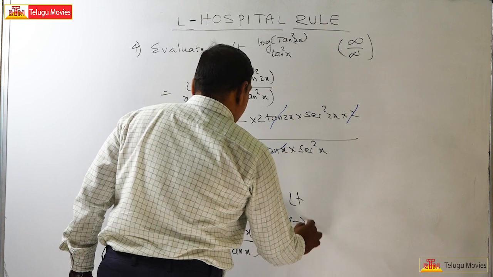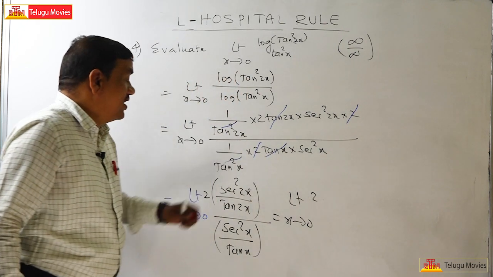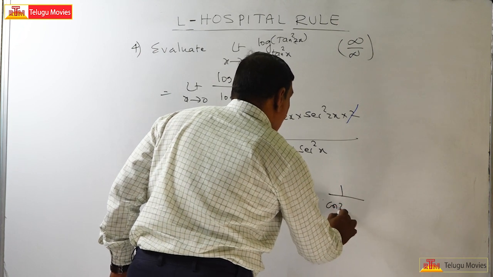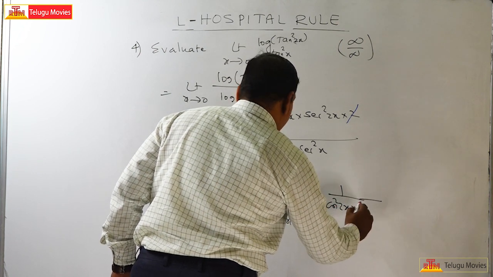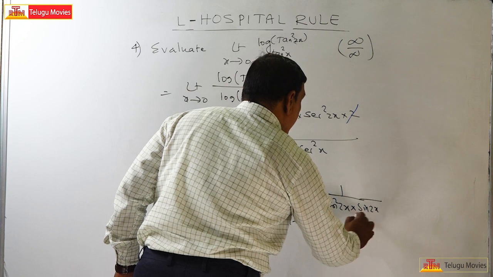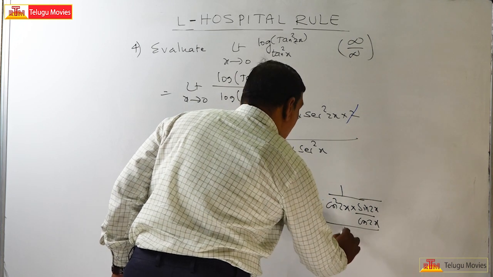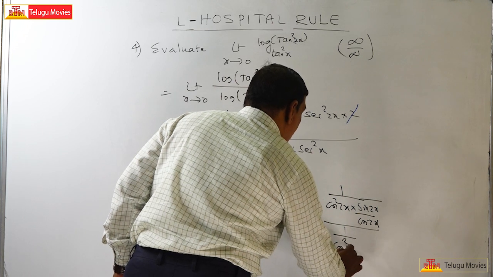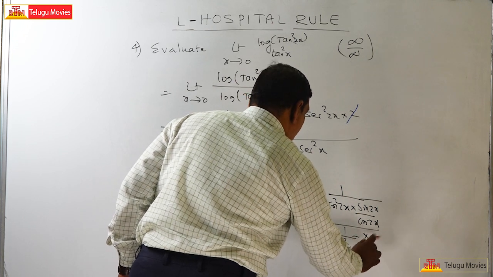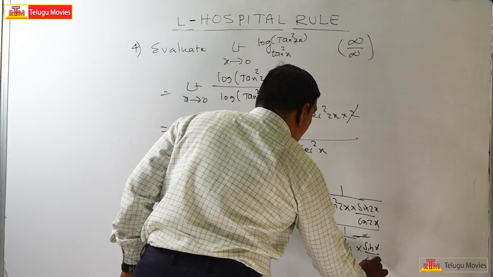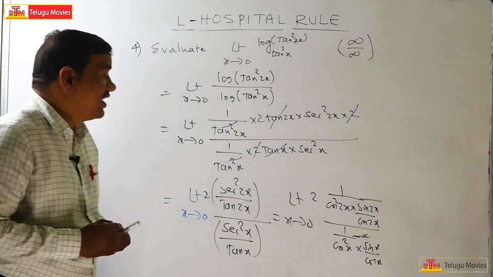So let us see here. Limit as x tends to 0, 2 into secant square 2x means 1 by cos square 2x. In the denominator, this is sin 2x by cos 2x. Here 1 by cos square x into sin x by cos x. Any more cancellations?